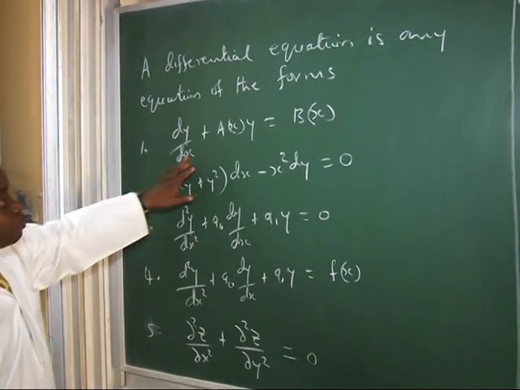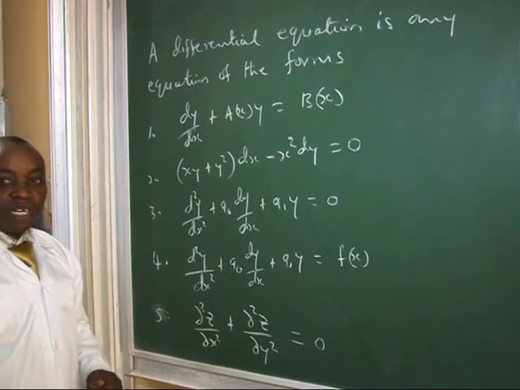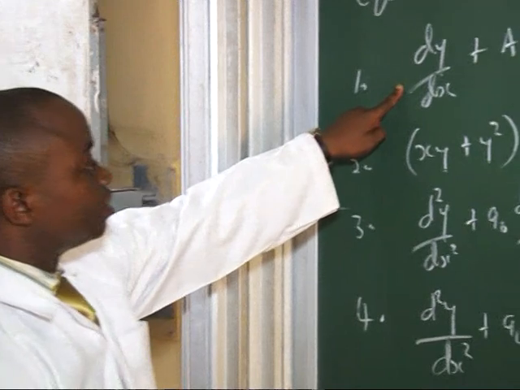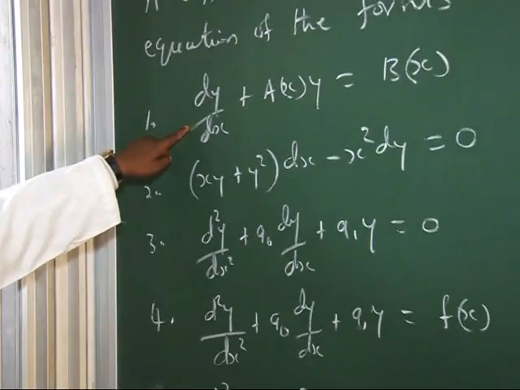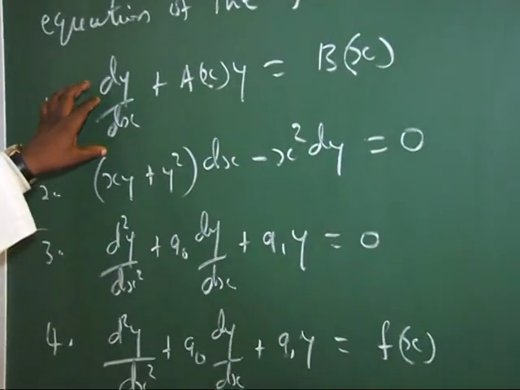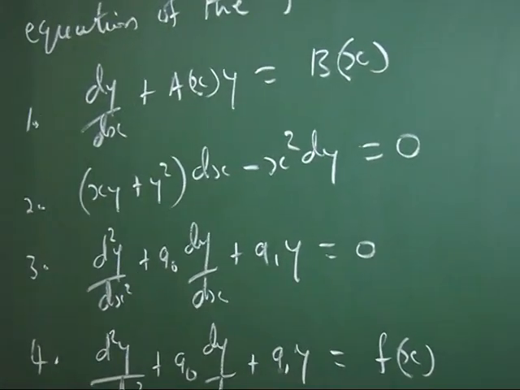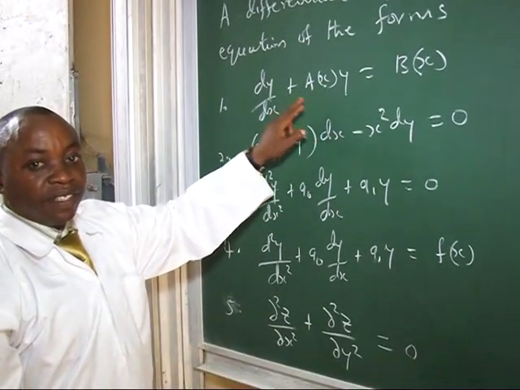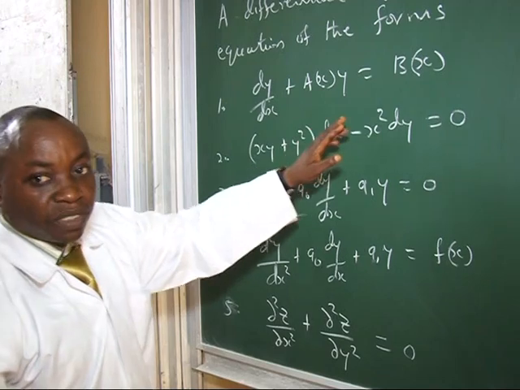Now we are going to name this differential equation one after the other. Differential equation number 1 is called first order linear non-homogeneous equation.